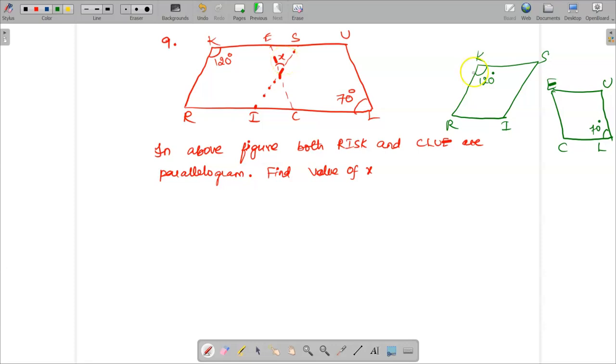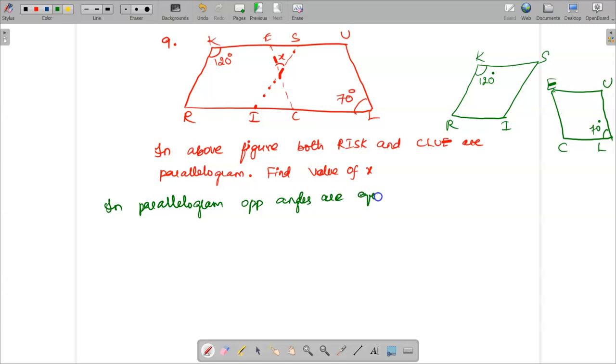Okay, so very well we know that the opposite angles in a parallelogram are equal. So in a parallelogram opposite angles are equal.